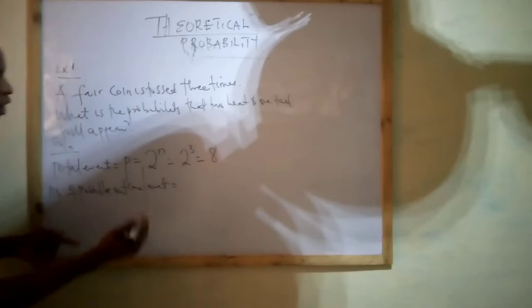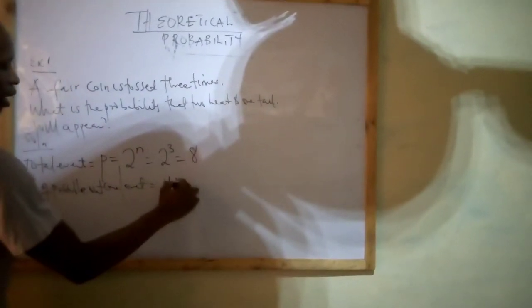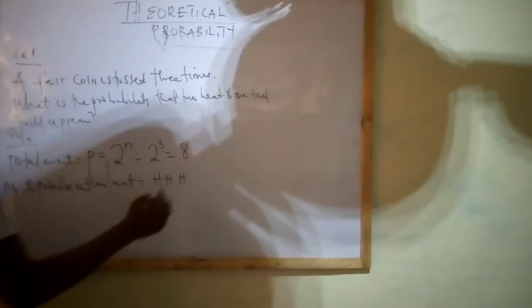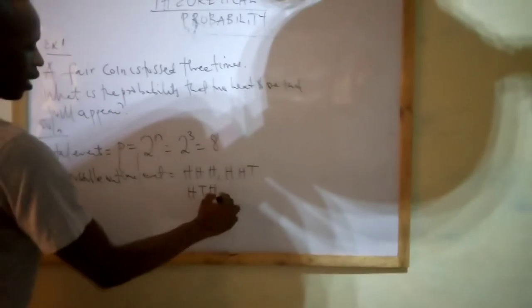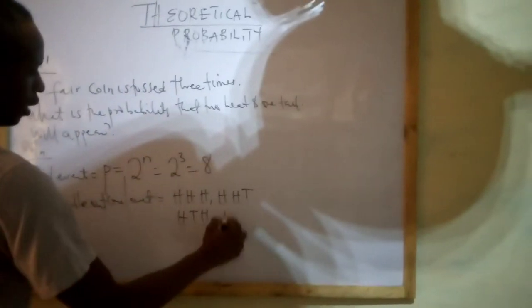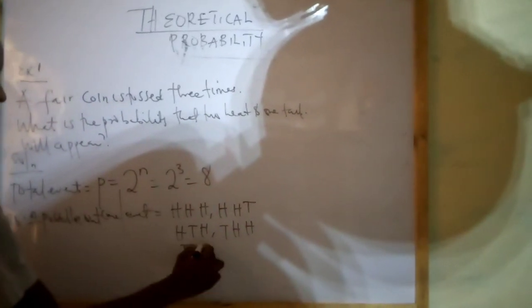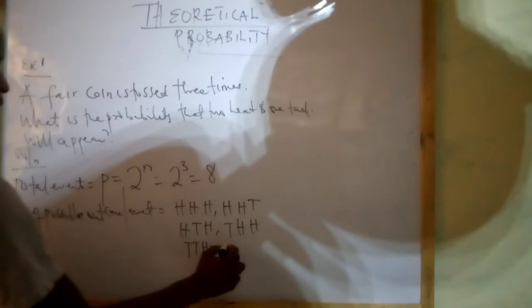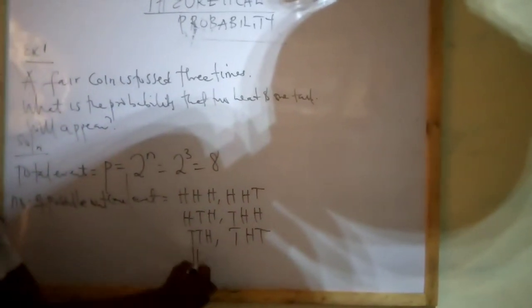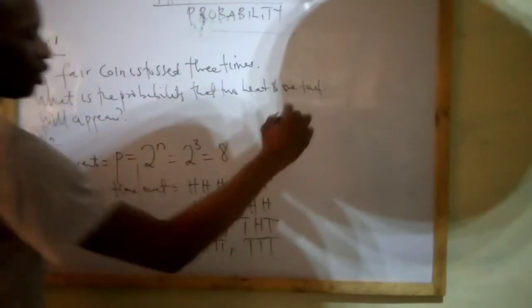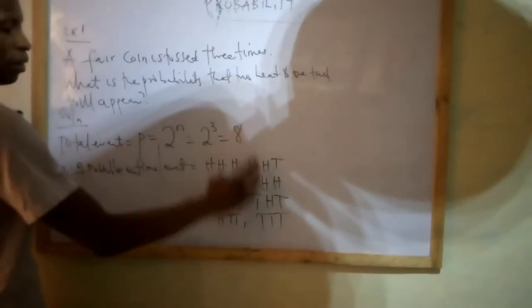Let's list them out: HHH, HHT, HTH, HTT, THH, THT, TTH, and lastly, TTT. So you can see the number of outcomes you have there.